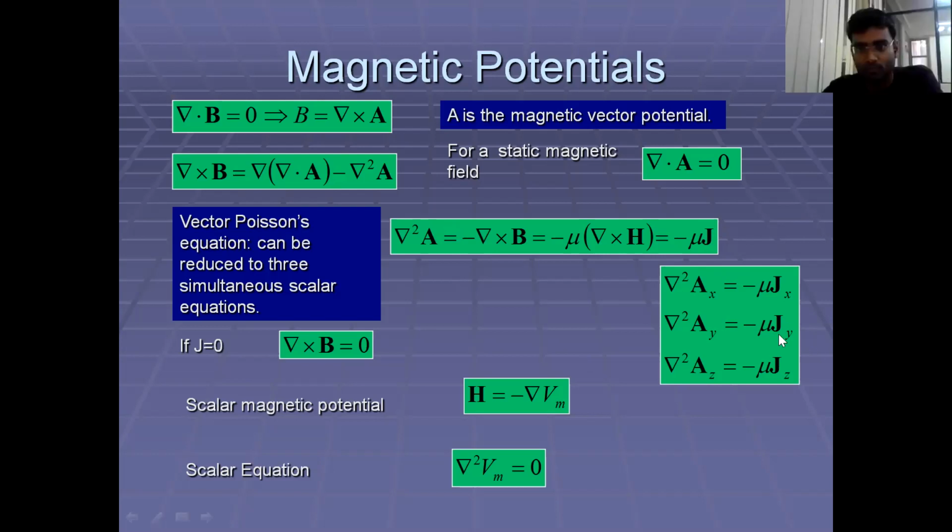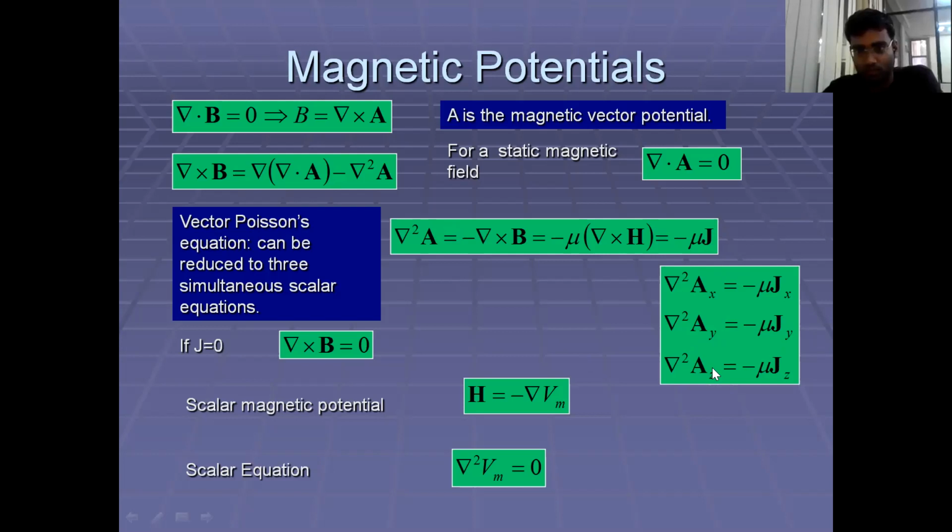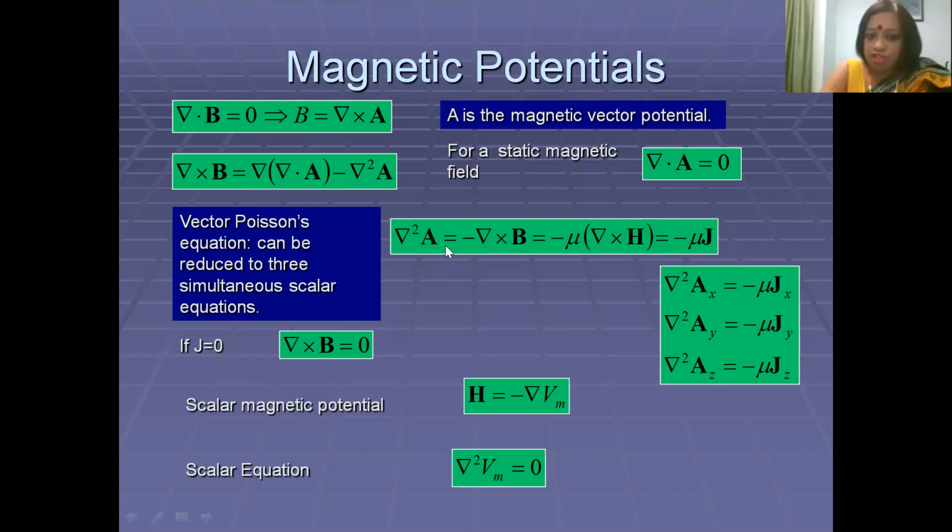If you have Jy, it gives rise to a magnetic potential in the Y direction. Therefore, the beauty of this is that even though A is a vector and J is a vector, J in X gives rise to B in the other two dimensions, but Jx will only influence Ax, Jy will only influence Ay, Jz will only influence Az.